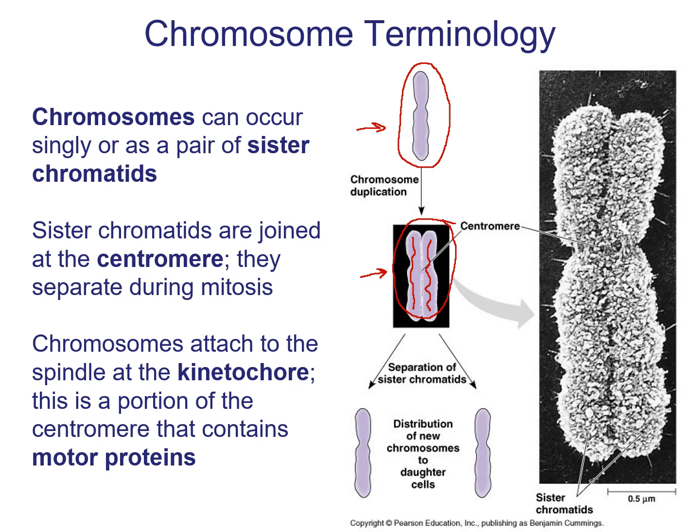So each one of these parts, this part here and this part here, is a chromatid. They are sister chromatids because they contain the same information. They're held together in the middle here by something called the centromere. This is this constriction here that holds the two sister chromatids together.